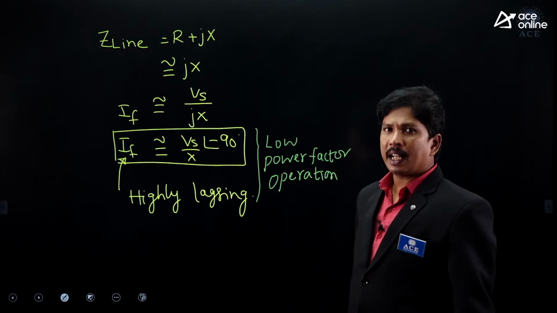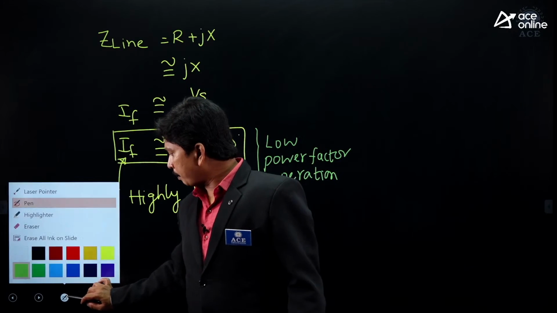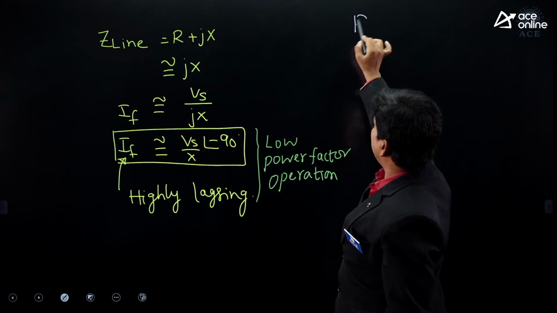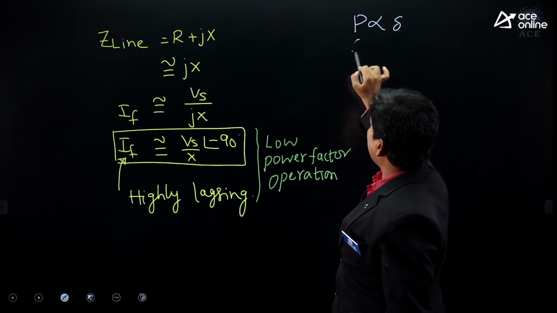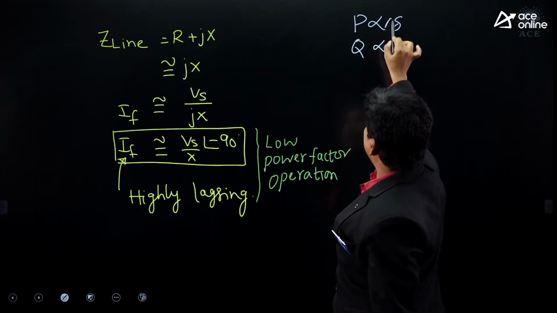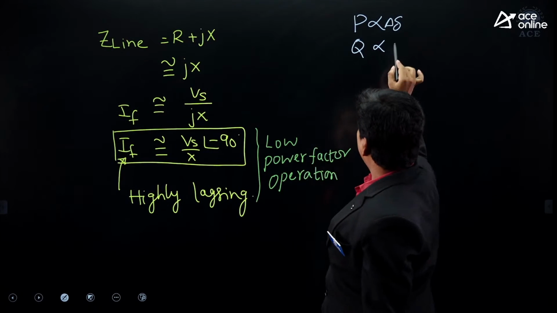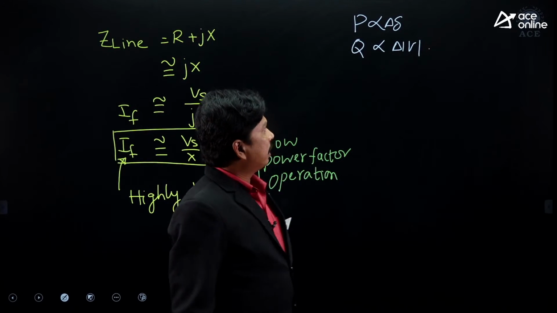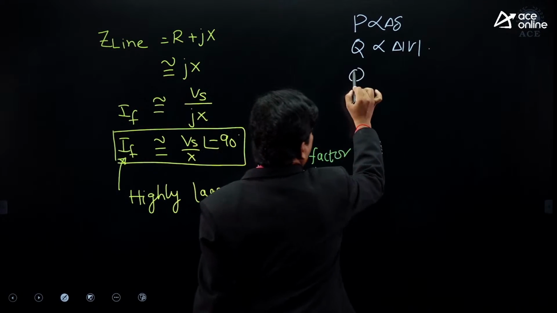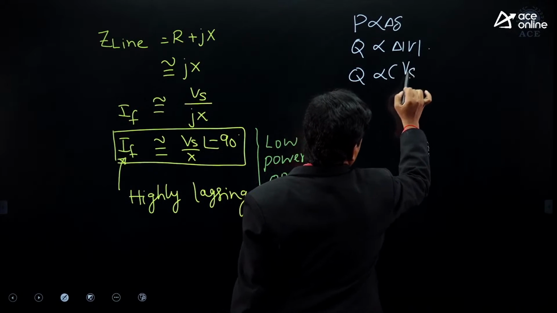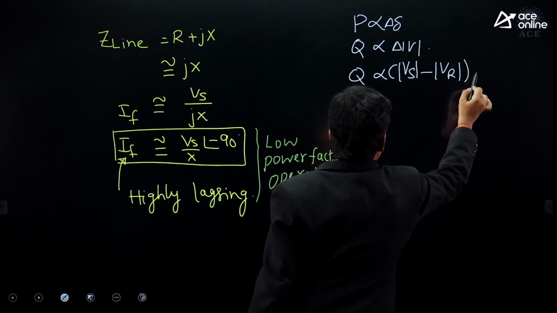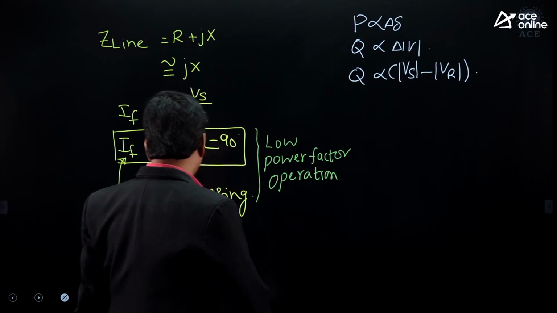And from the power transfer equations, the active power P is proportional to delta, and the reactive power Q is proportional to delta mod V. So the reactive power is always proportional to the difference between the sending end and receiving end voltage magnitudes in an inductive circuit.